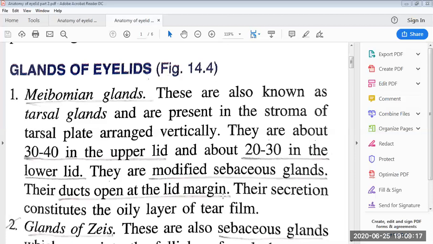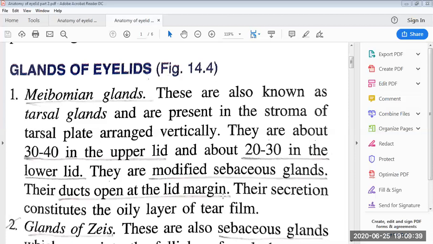They are about 30 to 40 in the upper lid and about 20 to 30 in the lower lid. So their number varies, comparatively more in the upper eyelid.